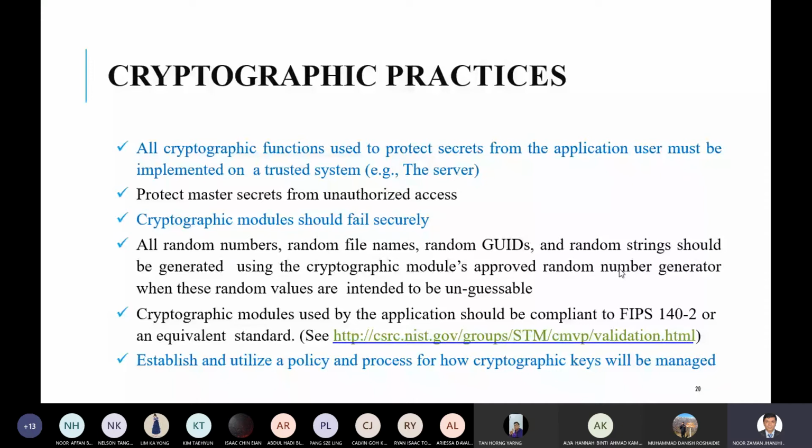We need to apply hashing functions so even a user may not be aware of what the passwords are. Okay, we need to protect the master secrets from unauthorized access, and we need to see that if any cryptographic model is going to fail, then it must fail in a safe and secure way.